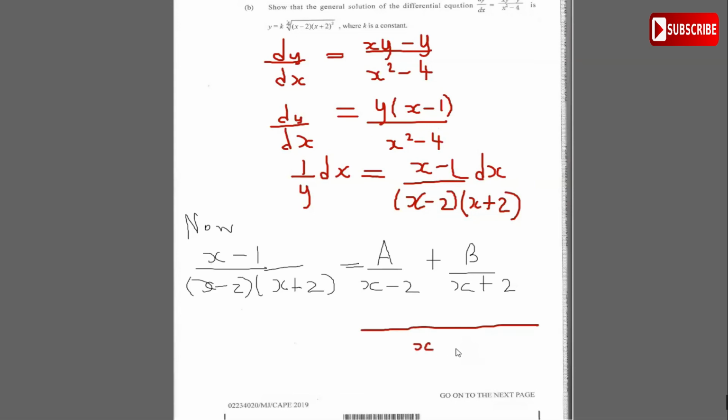Now the LCM would be x minus 2 times x plus 2, and so we're going to get a times x plus 2, plus b times x minus 2, and that's going to be equal to, of course, x minus 1 over x minus 2 times x plus 2.